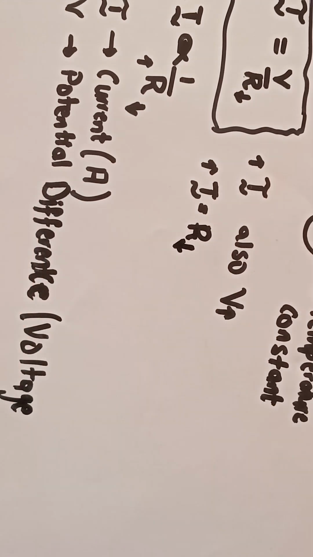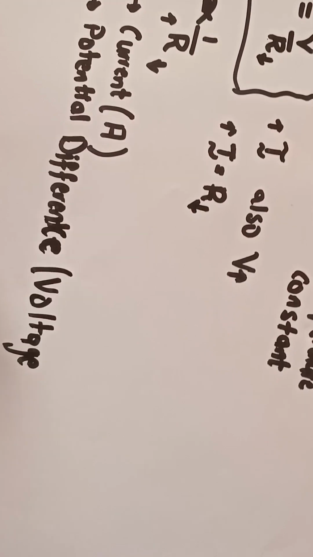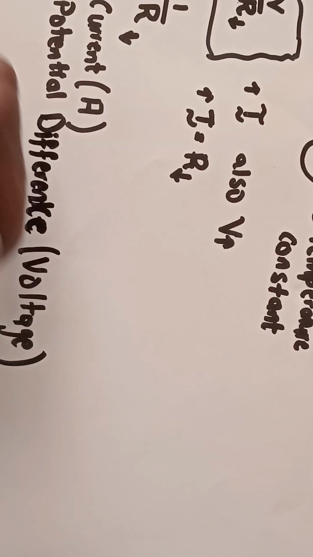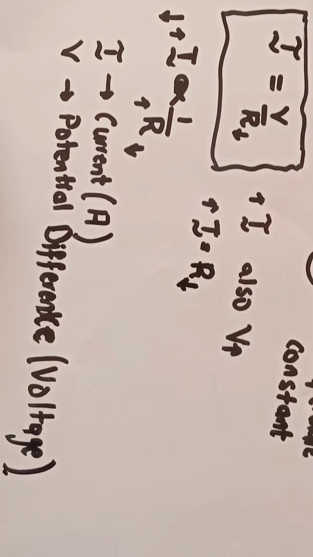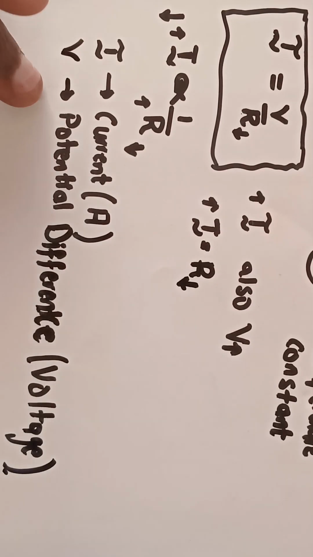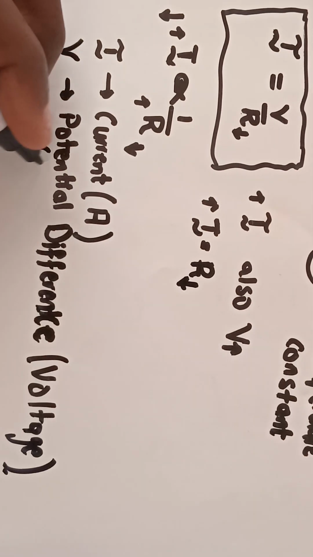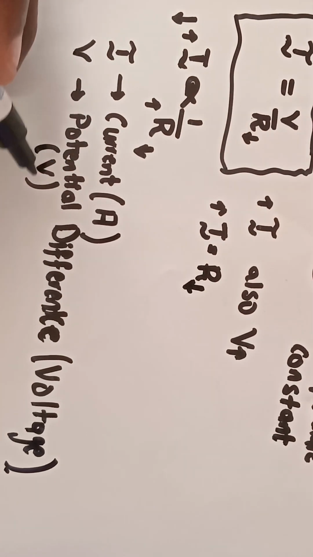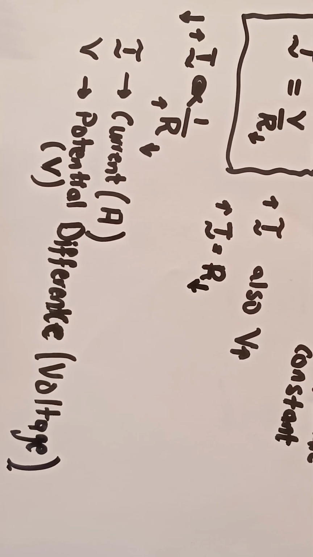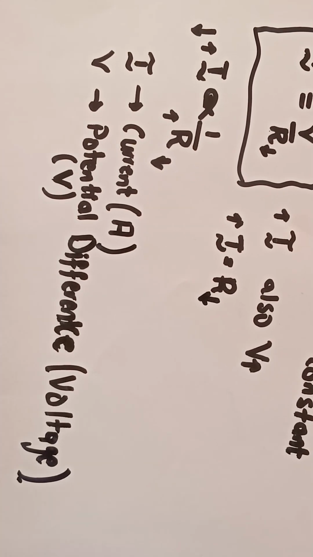They will say potential difference, or maybe they will say voltage. So this V is the potential difference. It's measured in volts. You'll meet this variable more often, but get this in mind that it's a voltage across a conductor.